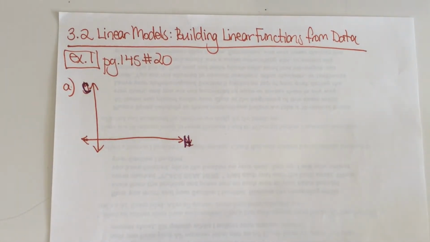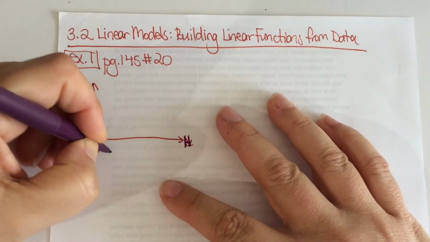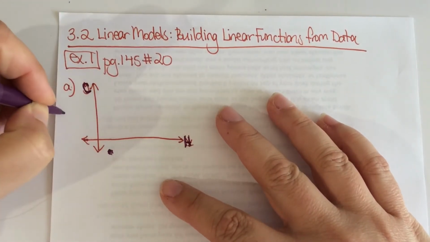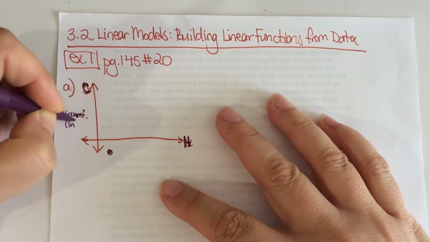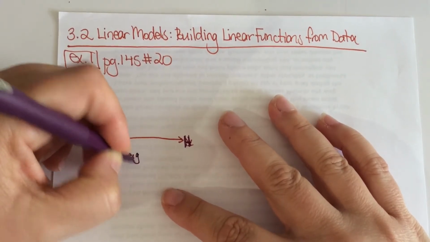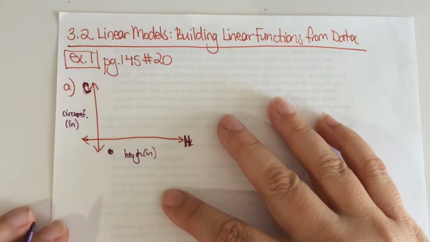When we're making a t-chart, like we did the last time, we pick x values independent of anything else, we plug them in, and the y value we get depends on the x value we chose. So we want to write head circumference in inches, and then this is height, which is also in inches, right?